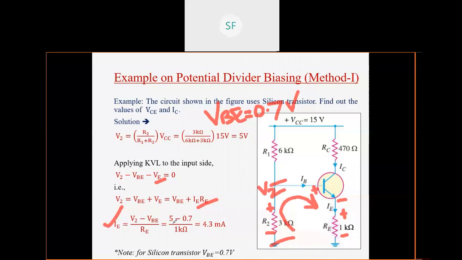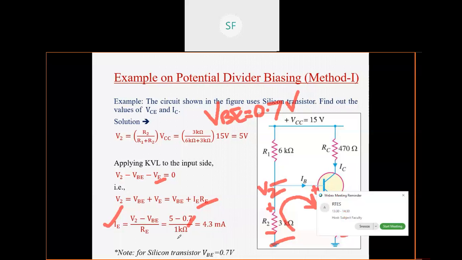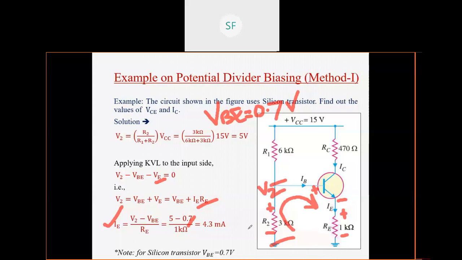So V2 is 5, VBE is taken as 0.7, because we are using a silicon transistor. So IE is nothing but 4.3 milliampere. Be cautious about the unit also. Here it is 1 kilo, so 1 kilo stands for 1 into 10 to the power 3.